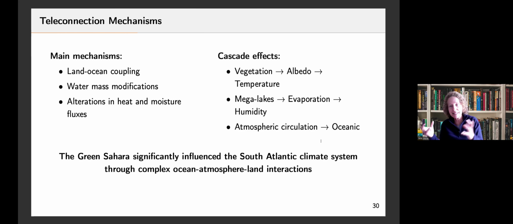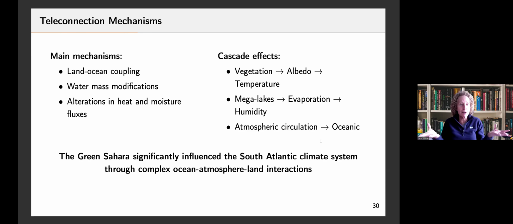So we have these cascade effects: you change vegetation, you change albedo, which means you change the way the radiation impacts on the surface, and then you change temperature, and with these changes in temperature, you change the hydroclimate, and you contribute to the megalakes formation and expansion, and you might have changes in evaporation and humidity, which changes the atmospheric circulation, which finally impacts on the South Atlantic circulation.